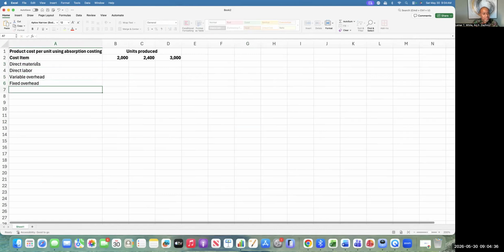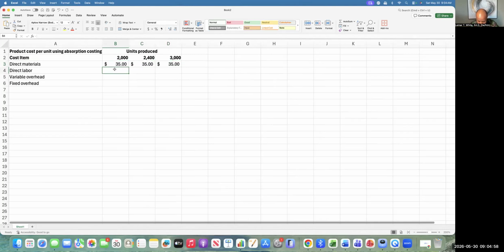Okay. So my direct materials, it tells me that they're $35 per unit. So I'm just going to put $35 for each. Doesn't matter the level of production, it says it's $35 per unit. Okay. So I know my direct materials.